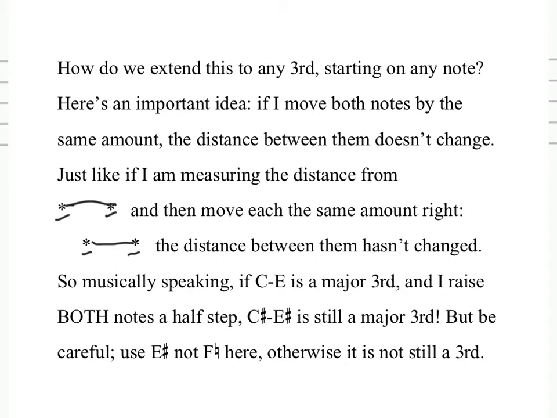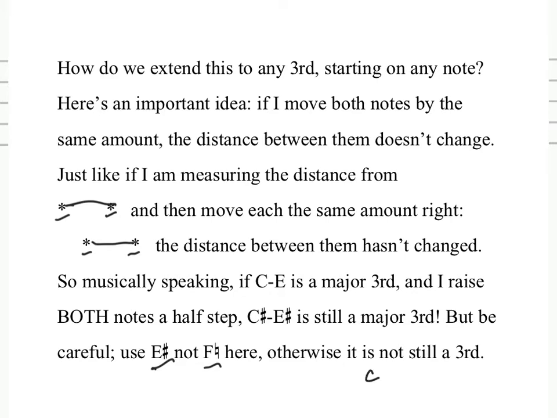So musically speaking, if C to E is a major third and I raise both notes a half step, C sharp to E sharp is still a major third. But be careful, use E sharp here, not F natural, otherwise it's not still a third.